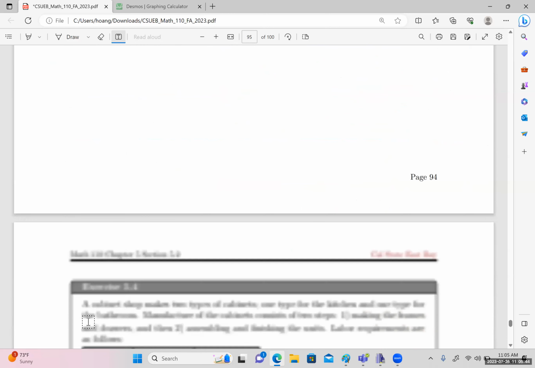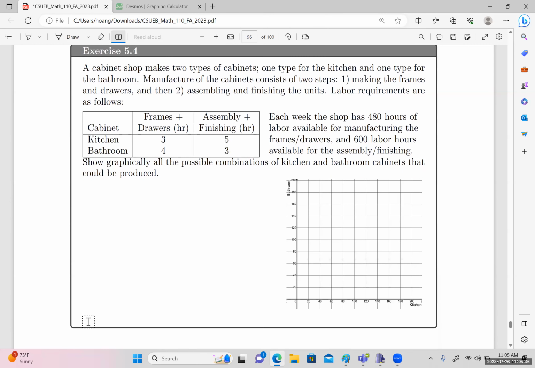I would like to go ahead and let you try exercise 5.4. A cabinet shop makes two types of cabinets. One type for kitchen and one type for the bathroom.